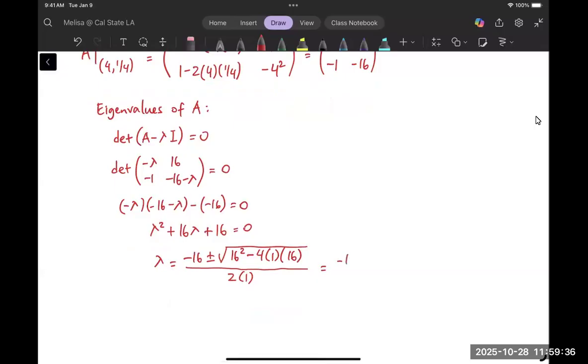Okay, so this is minus 16 plus or minus the square root of 256 minus 64, which is 192, over 2.